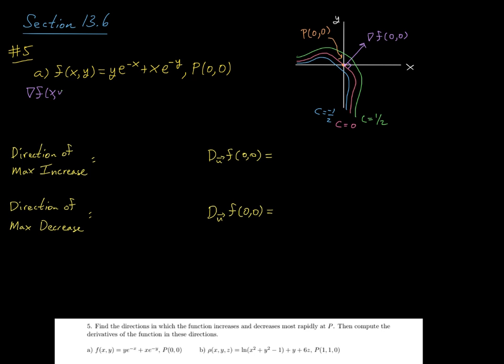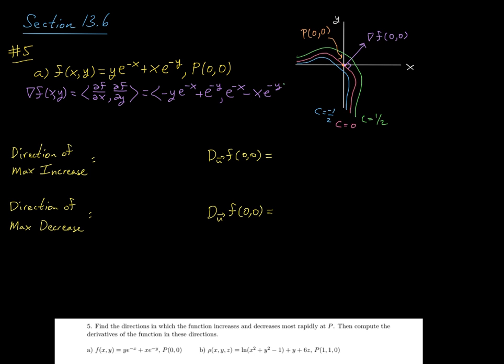This will be just our partial f partial x and partial f partial y for the components. Taking the x derivative, we'll get minus y e^(-x) plus e^(-y). And for the y derivative, we'll get e^(-x) minus x e^(-y).